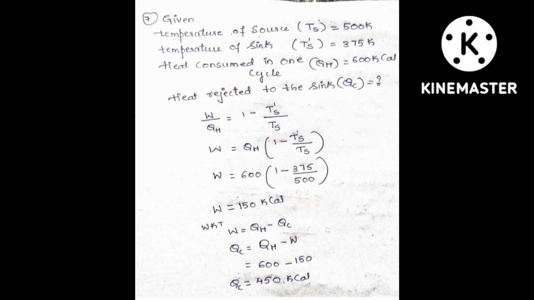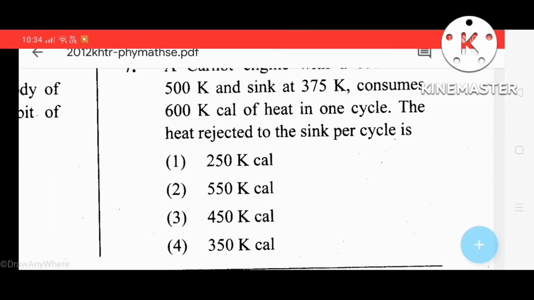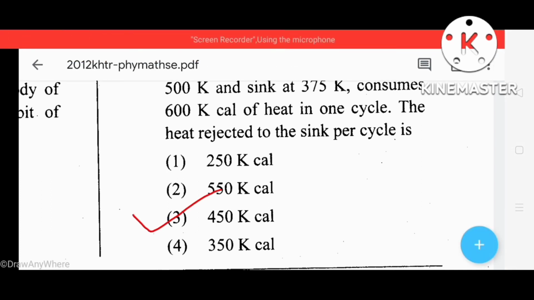Then we are going to use the formula W by QH is equal to 1 minus Ts dash divided by Ts. Finally, we are getting the answer as 450 kilocalories. For this Carnot engine, the heat rejected to the sink per cycle is 450 kilocalories. That is option number 3.